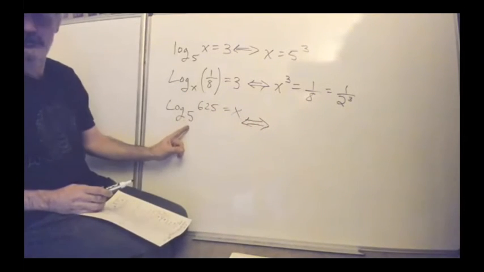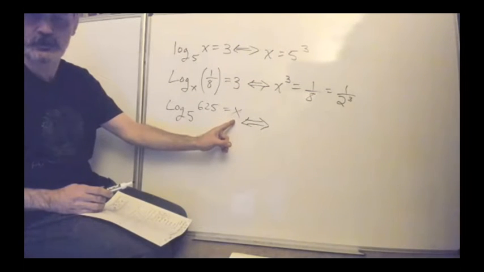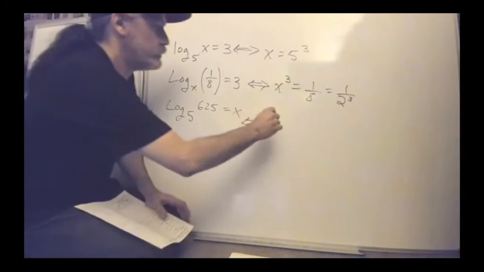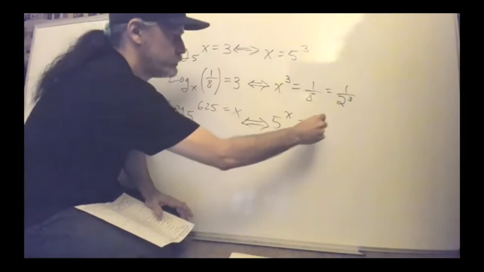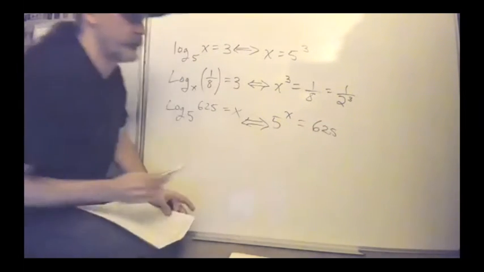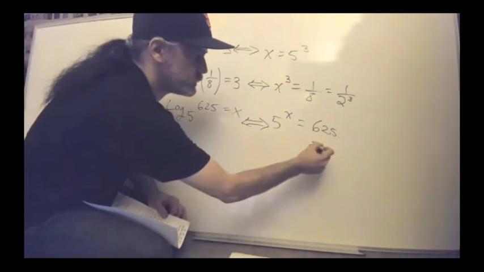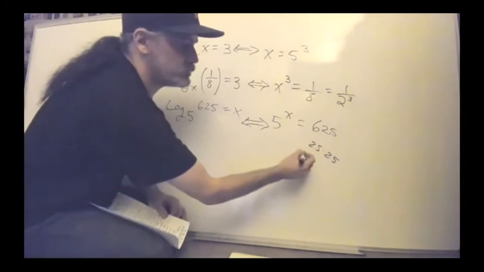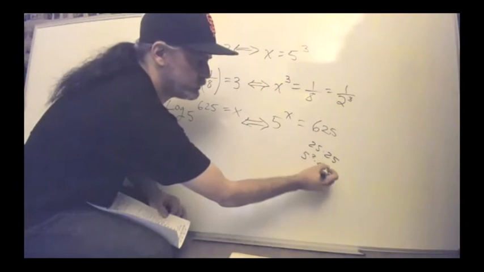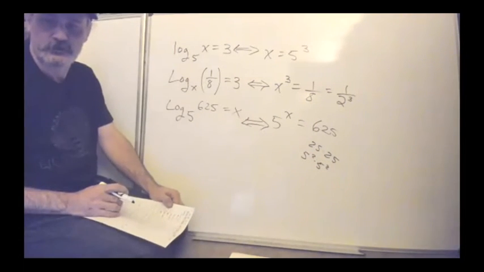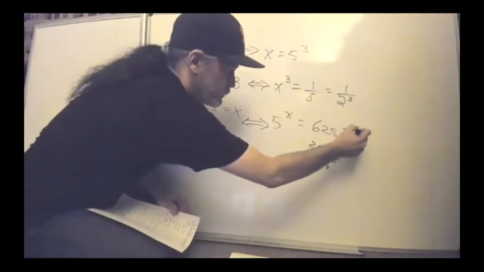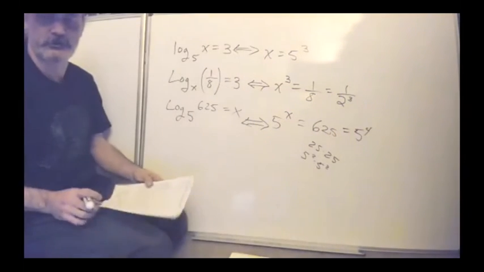So we got the base 5, and the log equals x, so that means that's the exponent. And we're trying to get 625. Well, this is 25 times 25, which is 5 squared times 5 squared, right? And so this is 5 to the 4th power. Okay, so x would equal 4.